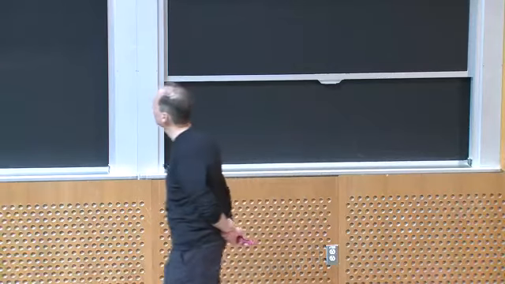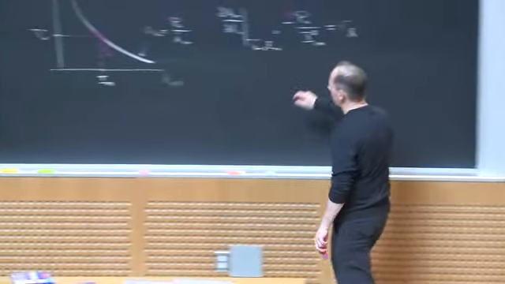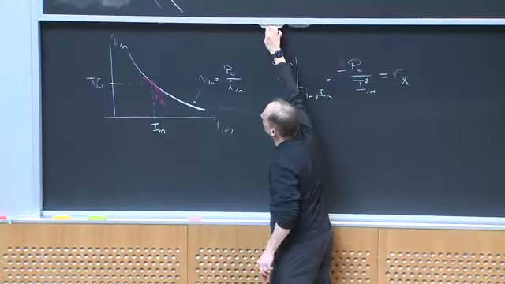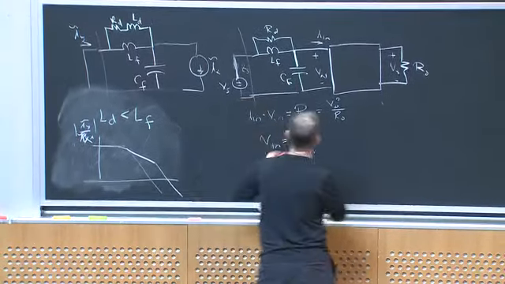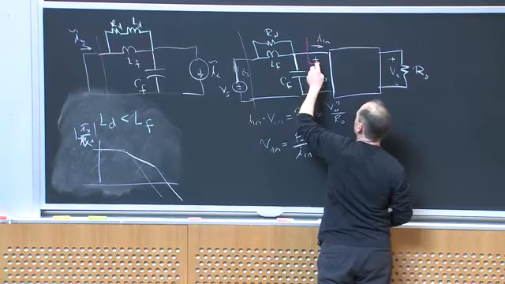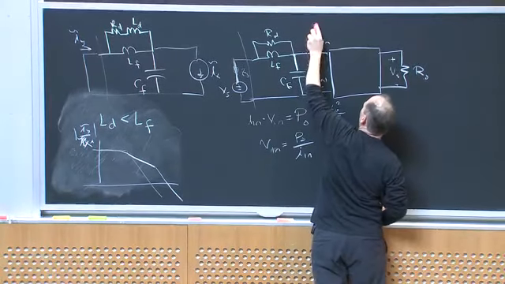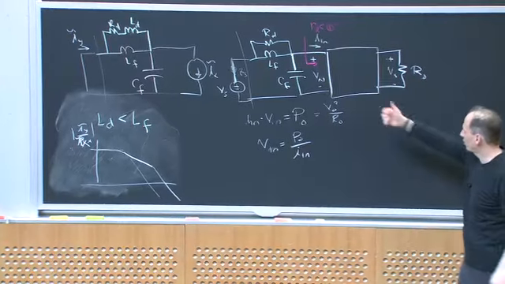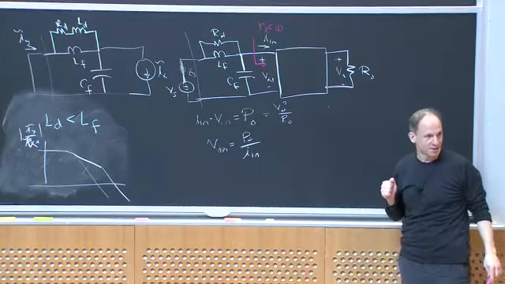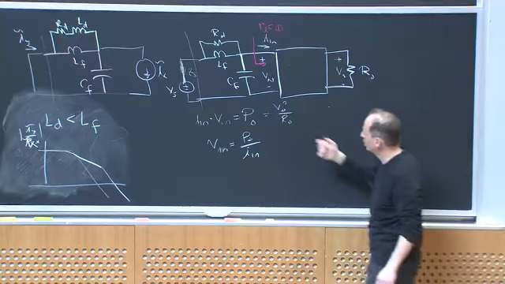So if I then thought of what this converter looks like, looking this way, what I see is R sub L is less than 0. Looking this way, I see a negative resistor. What do I see looking this way?